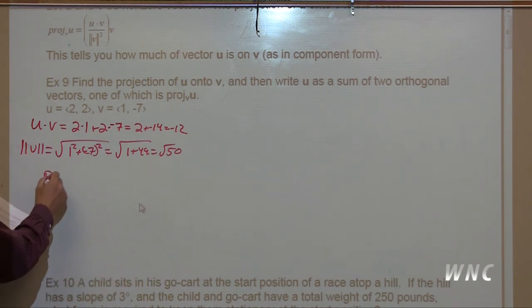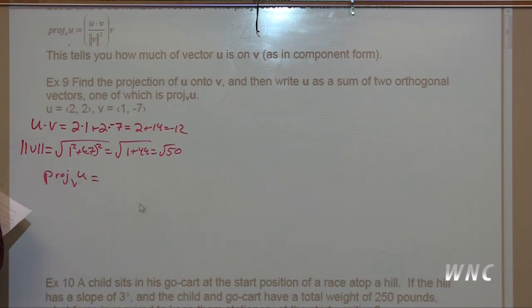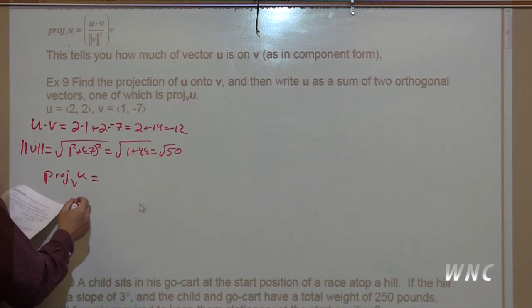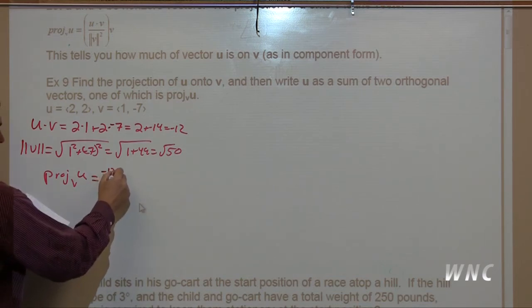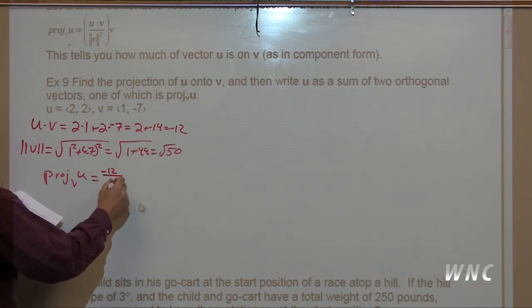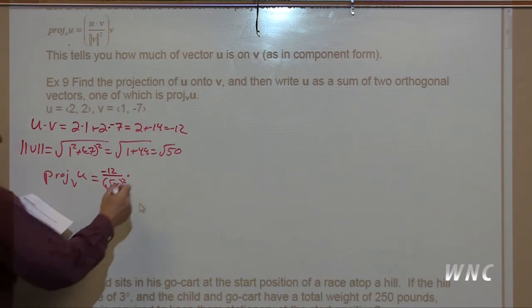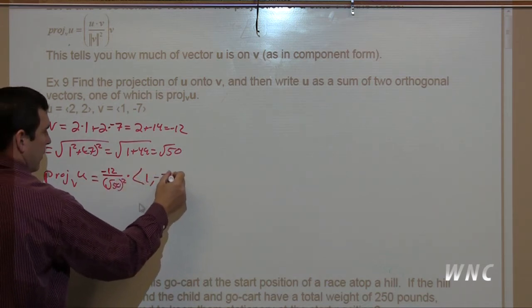So our projection of u onto v is going to be negative 12 over the square root of 50 squared times our 1, negative 7.